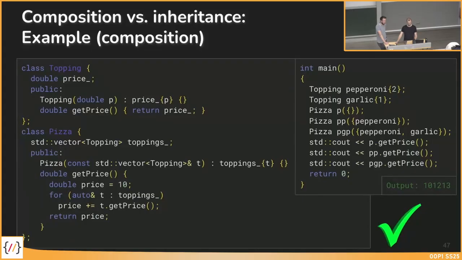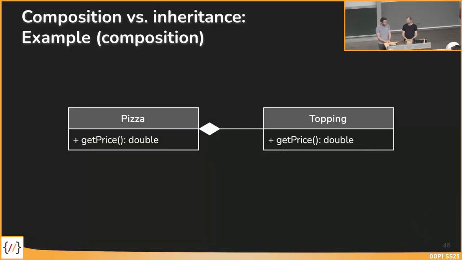Yeah, so for composition, we do not need any new keywords. It's just a concept that in many cases makes sense to use over inheritance, as we showed in this pizza example. And also the UML diagram gets a bit easier because you have the pizza and you have members, which are again other classes, and these members, in this case the topping, can now specify the type of the pizza.